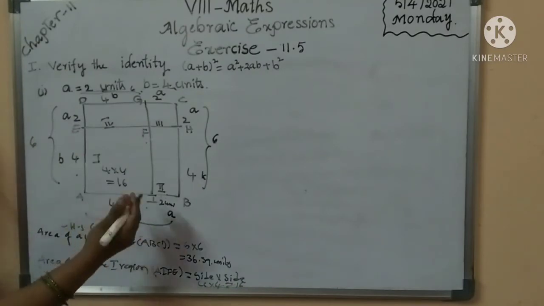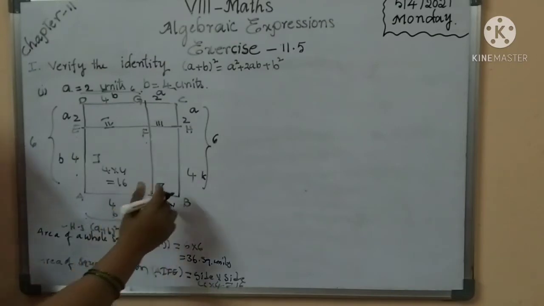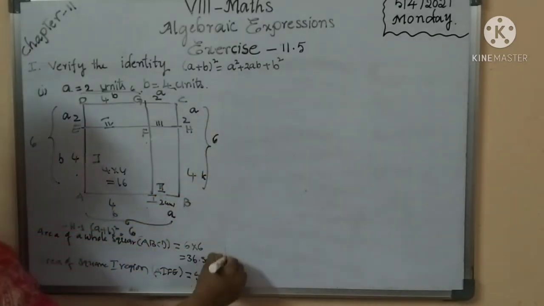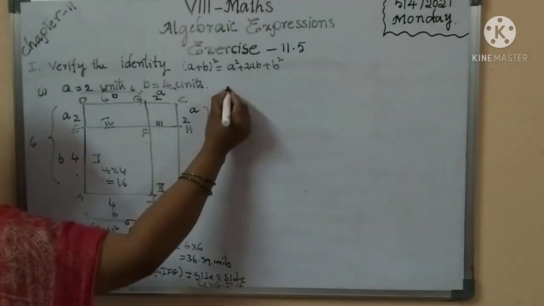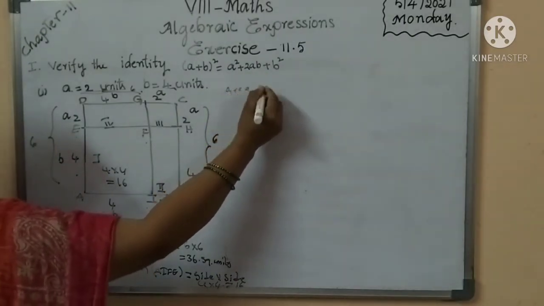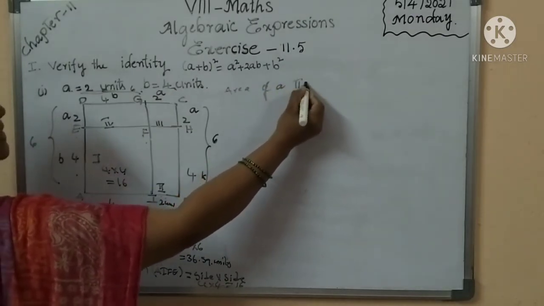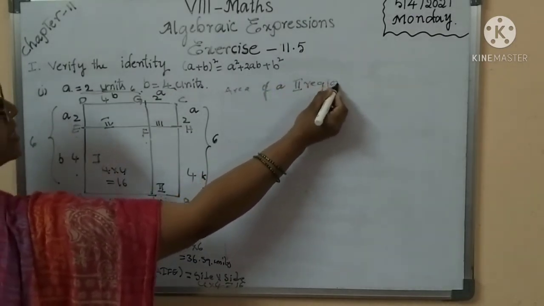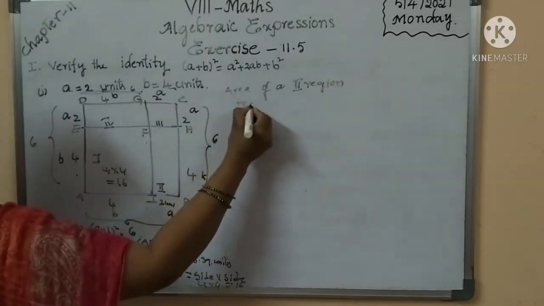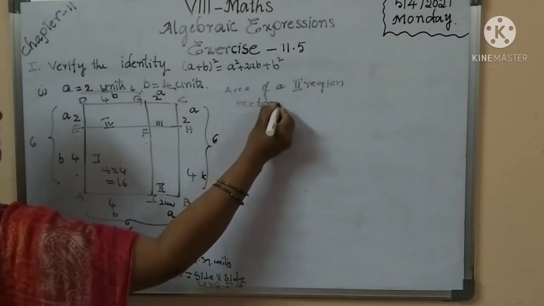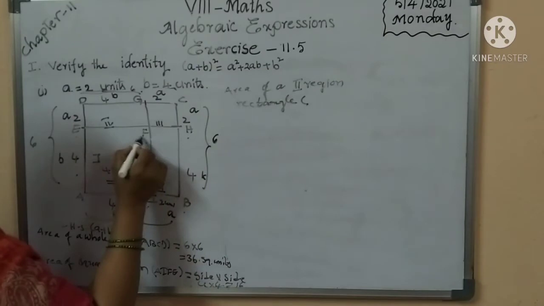Next, find the area of the second region. It is a rectangle, IBHF.